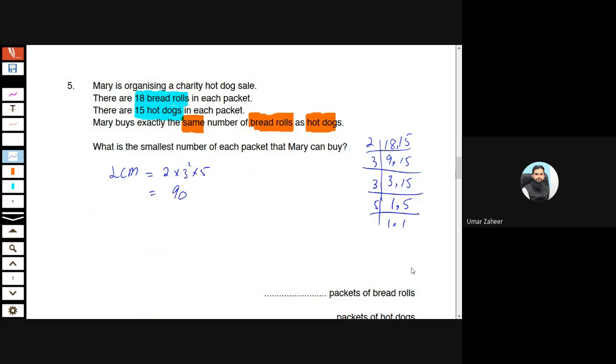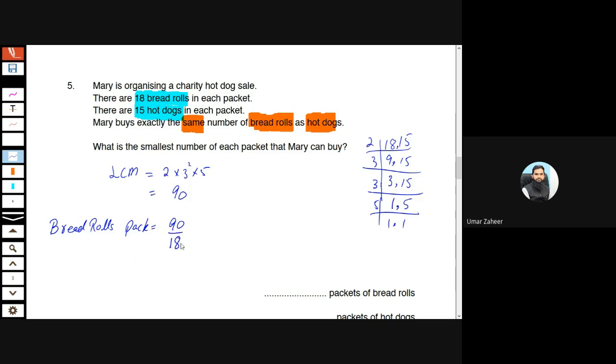There are 90 bread rolls and there are 90 hot dogs. So total are 90. So at the number 90, they are going to be same, right? Now we have to find the number of packs. To find the number of packs of bread rolls, we have the total number of bread rolls, 90, and in one pack you have 18 bread rolls.